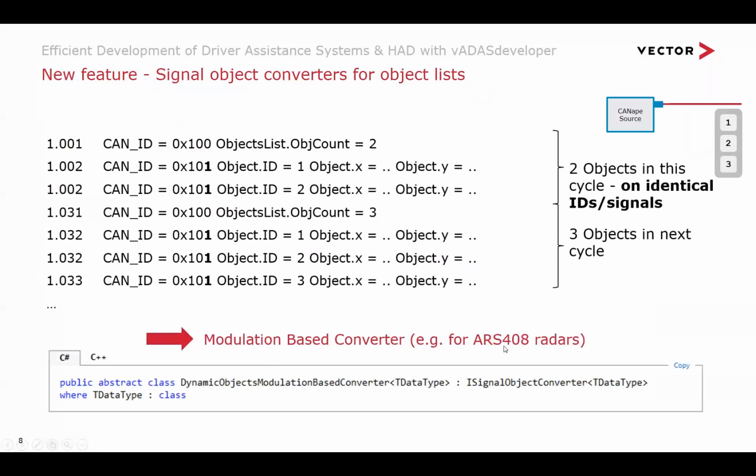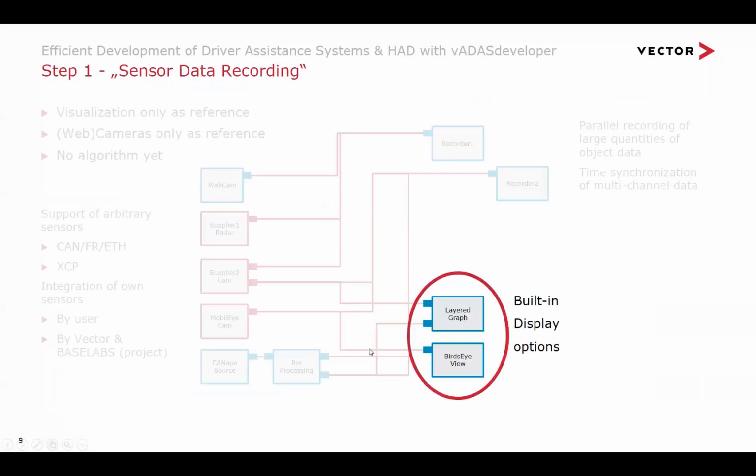For example, the ARS 408 radar, some of you might know that. Such radars use this kind of scheme. There's also a different scheme that is used in the Mobileye dev kit, that works somehow differently. For that, we also provide a converter, but in the core, you fill it with your code. And in the core, basically, it's the creation from the signal layer, or from the signal abstraction, to the object abstraction inside the code.